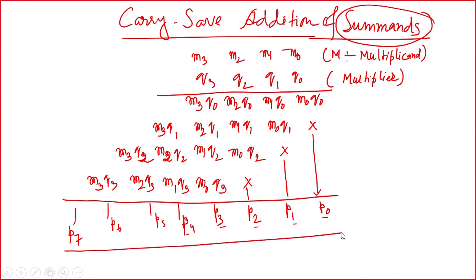So, total 8 bits. Now, what we have to do? We have to add these terms, and the carry we are moving to the left side. So, here we are adding and the carry also moves to the left side. That is the way we do it.